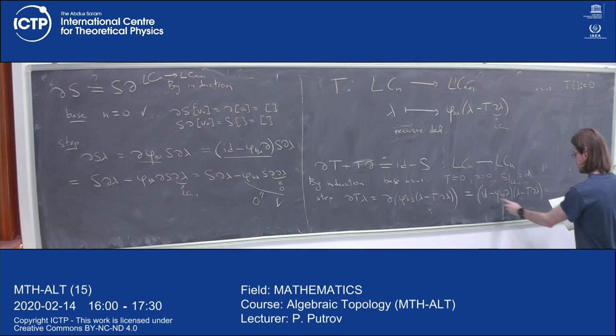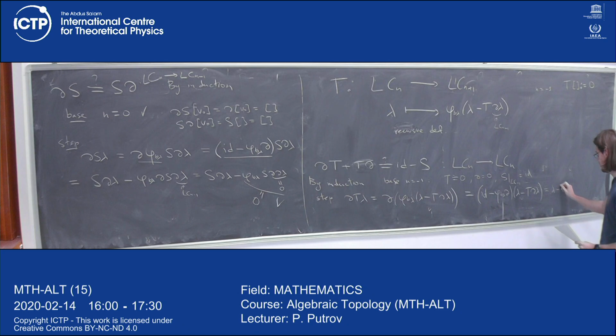So let me apply identity on this. It will be lambda minus t d lambda and minus phi d lambda, d lambda, minus dt d lambda. Okay.